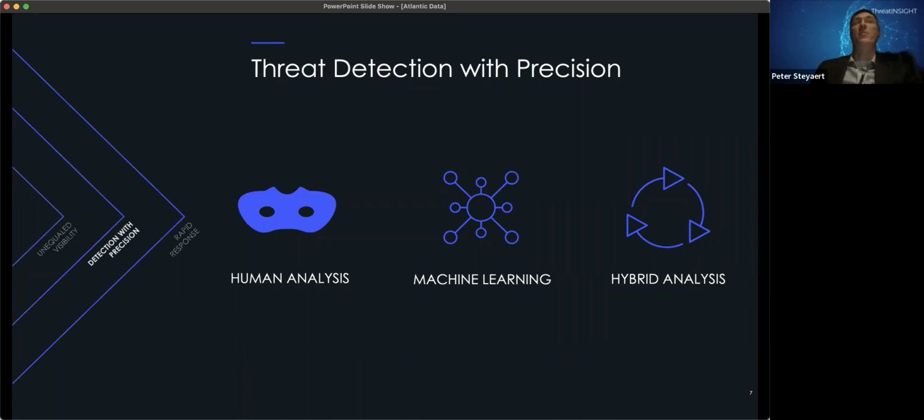Because a lot of this stuff may be low and slow, meaning you may see one object and then you may not see another indicator for 30 minutes, 45 minutes, an hour. And this is where machine learning and AI is really crucial in helping identify that low and slow movement. But in all reality, you need a hybrid analysis approach, a combination of human analysis and machine learning to look at this data.